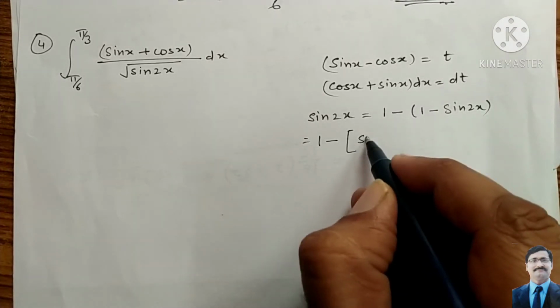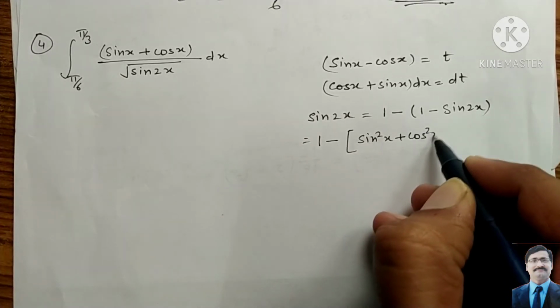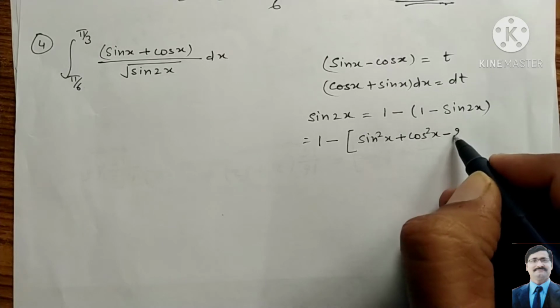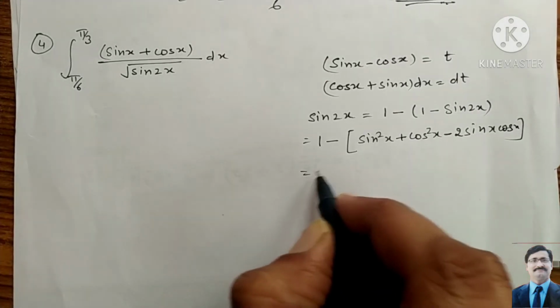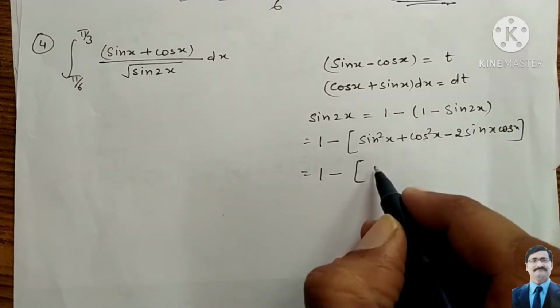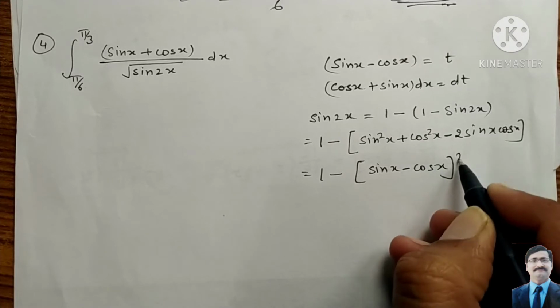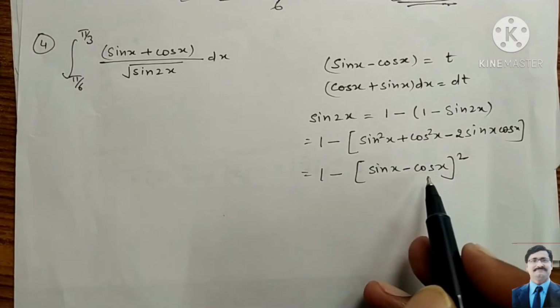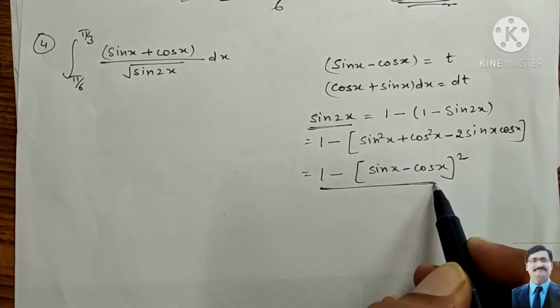This 1 we can write as sin square x plus cos square x, and sin 2x we can write as 2 sin x cos x. So we can write this as sin x minus cos x whole square. All of you understand? In place of sin 2x we can write this part.